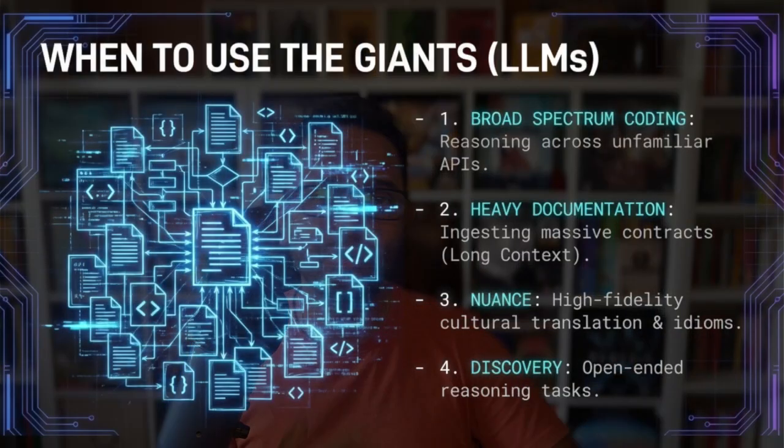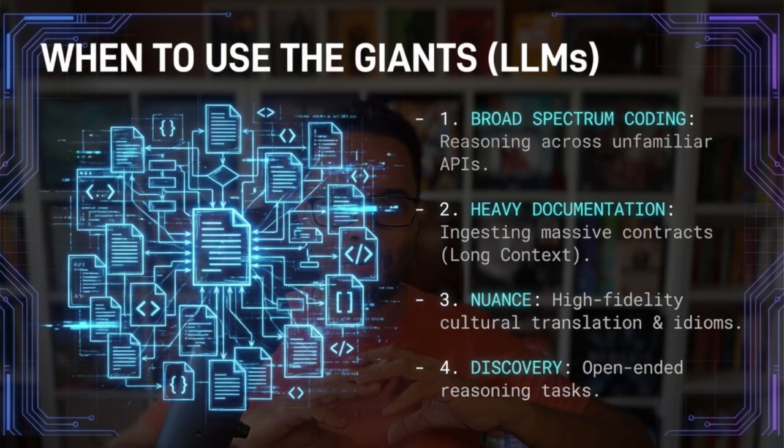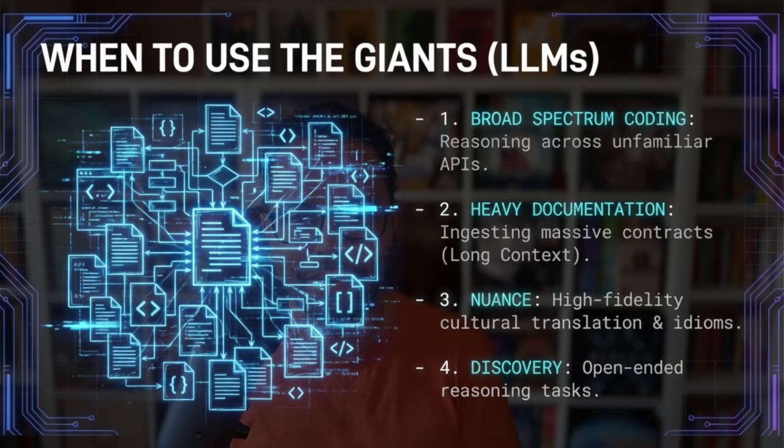So when to use the LLMs, right? A broad spectrum of coding, where you have reasoning across unfamiliar APIs. You want to understand the complexity of the business problem for which you have to go ahead and code. This is where you need large language models or large reasoning models, right? As well as when you have heavy documentation.